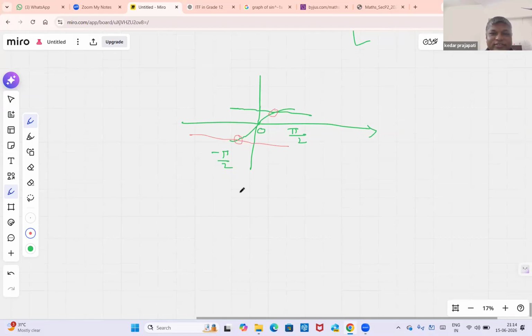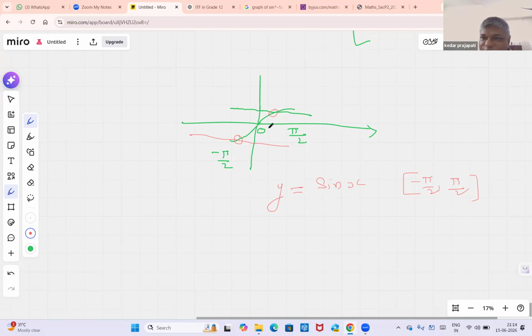So y equal to sine x is a function when we have restricted it between pi by 2 and minus pi by 2, correct? Now, if y equal to sine x is a function, then definitely sine inverse x will exist for this. So y equal to sine x is a function in what domain and range? In minus pi by 2 to pi by 2.